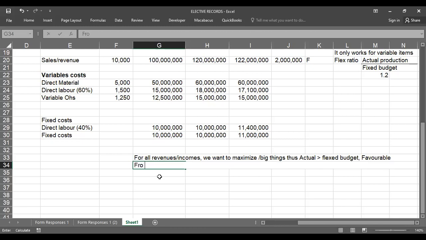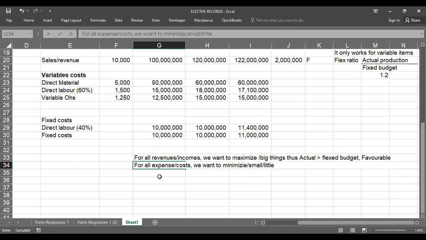Then for all expenses, what you call costs, all liabilities, we want to minimize. We want as low as possible, small or little. You don't want to spend a lot. You don't want to go into much debt. You don't want anything bad.